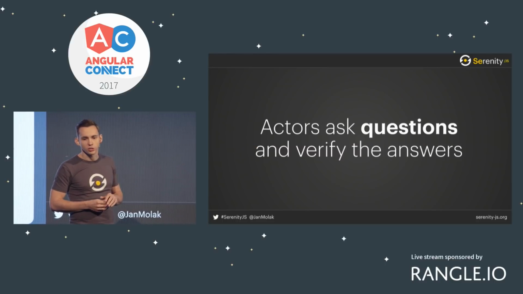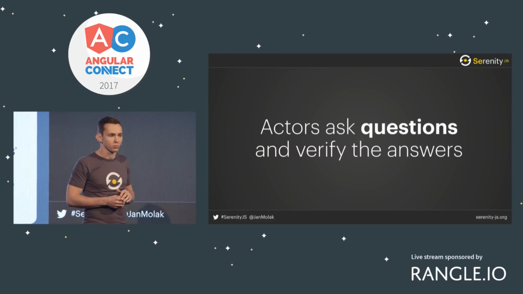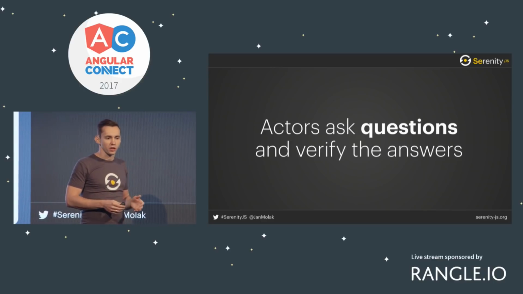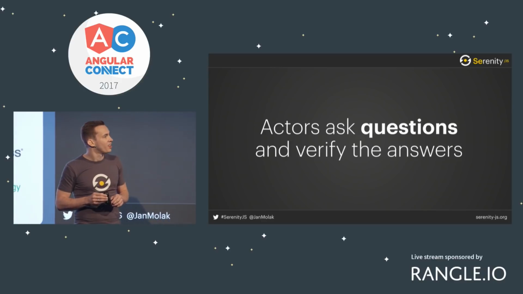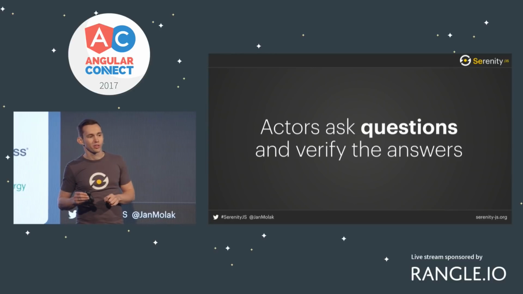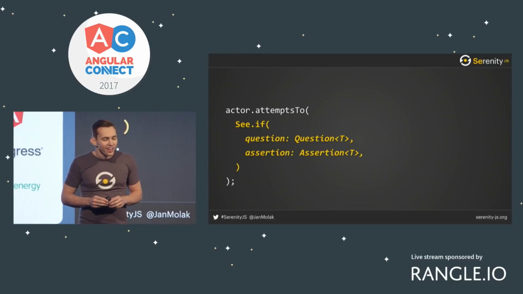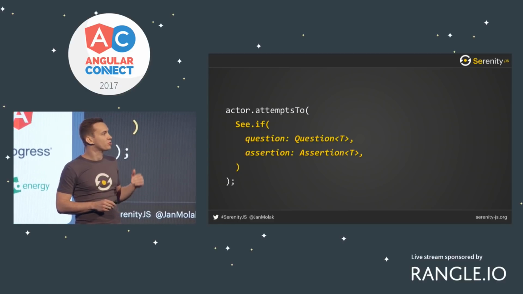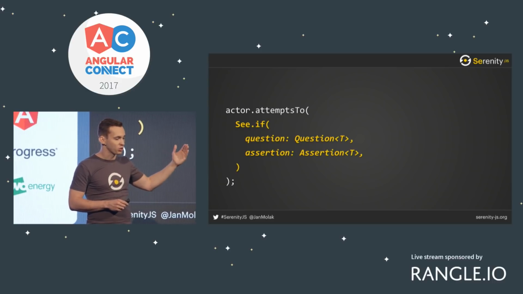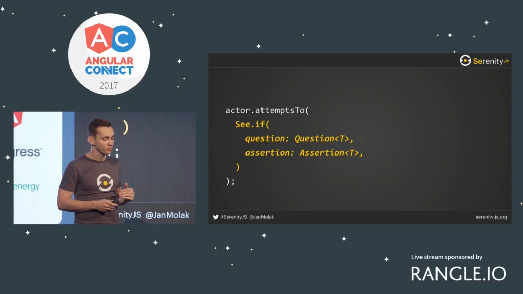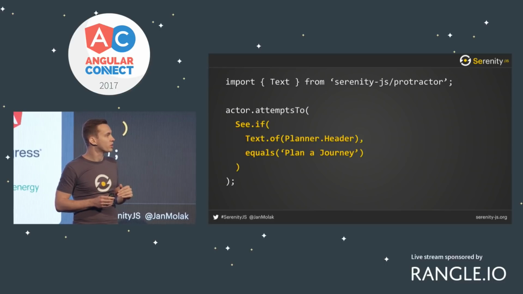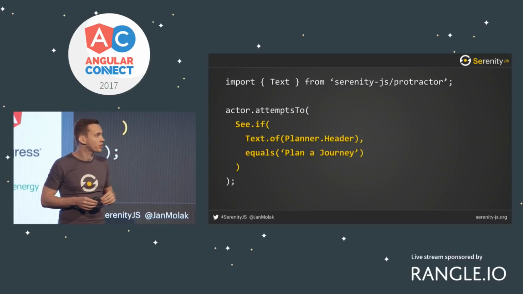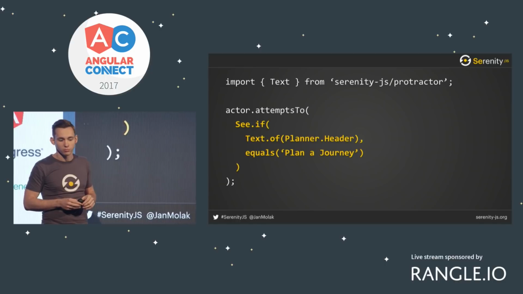Here, actors can ask questions about the state of the system, and they can verify the answers. If this sounds like mumbo jumbo, let me show you an example. So we again use the same repeatable pattern to ask the actor to attempt to see if a question matches the assertion. So for example, we can ask the actor to see if the text of the planner header equals planner journey.